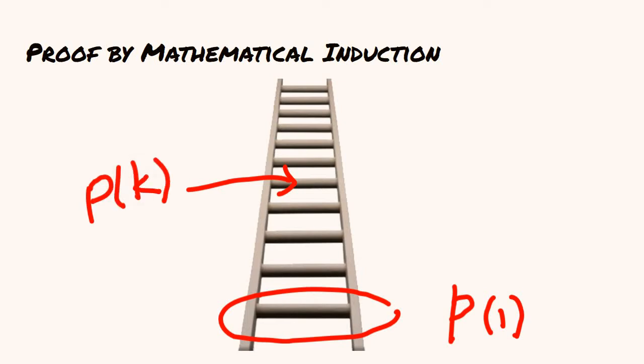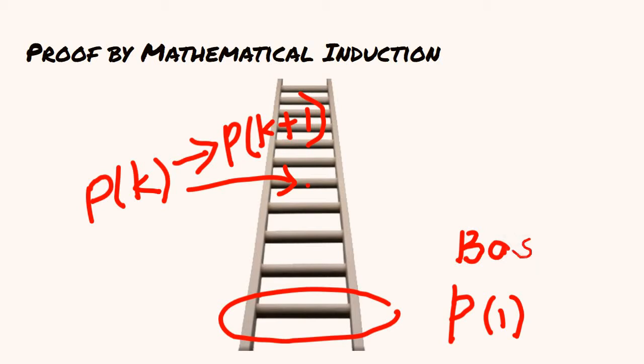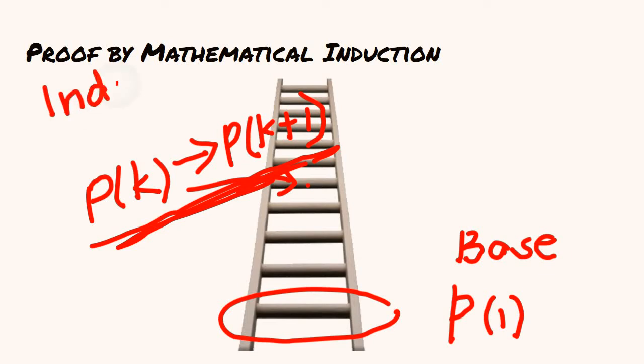This could be any step, in the middle or the last one, and that should imply a next step, pk plus 1. Again, p sub 1 will be the base case, and this inductive step can be proven now by direct proof.